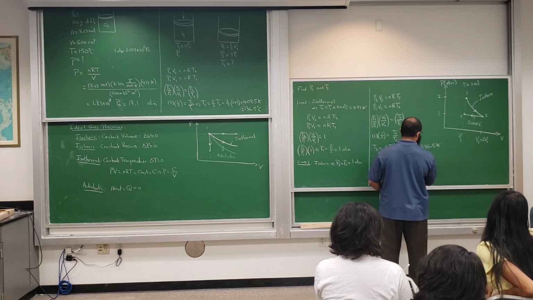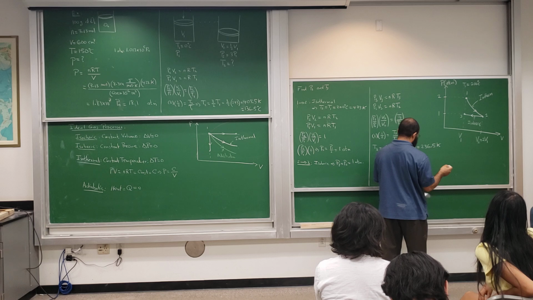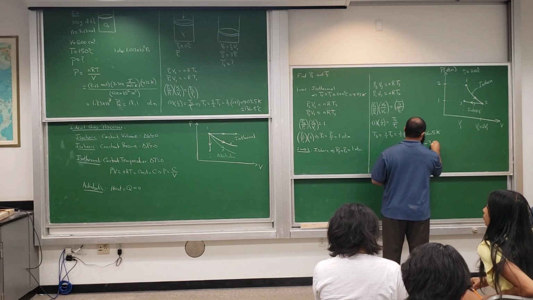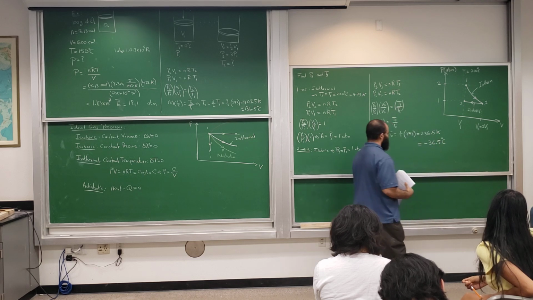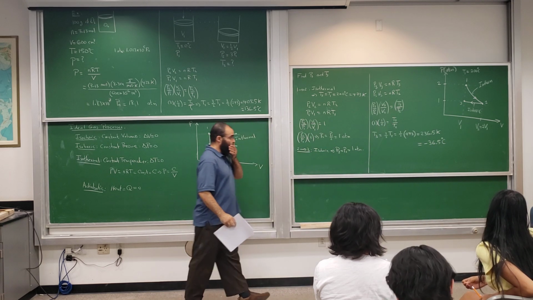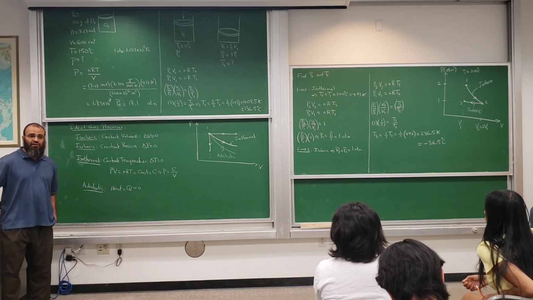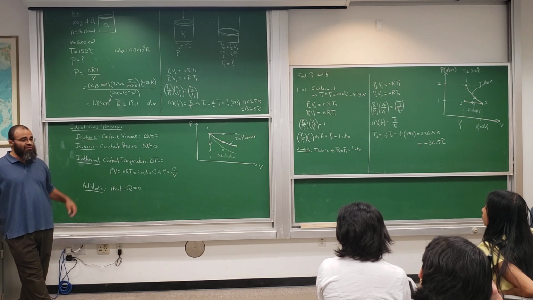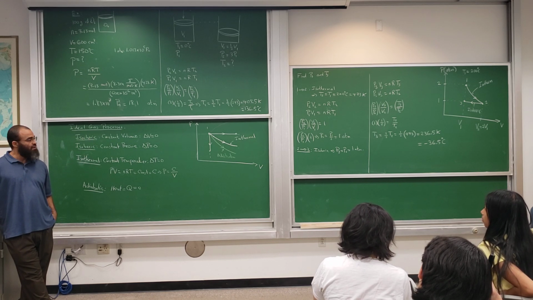But if you want to convert back to degrees Celsius, just to compare, you subtract 273 and you get minus 26.5 degrees Celsius. I want to know if we're okay with this. It definitely needs some practice. Worksheet 2 has some of these, which we'll do next week.